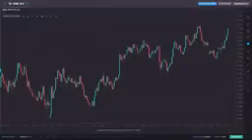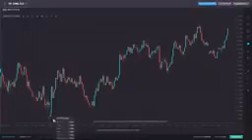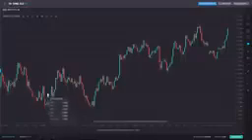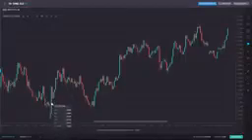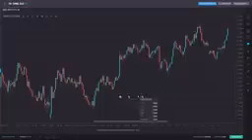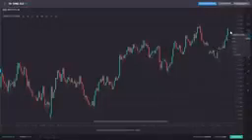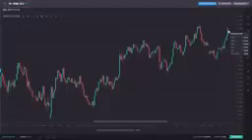So if we're looking here, in this example, pound US dollar, we can see at the beginning of 2017, so January 2017, £1 would buy you around about $1.22. At the beginning of September, the pound had risen in value and £1 would buy you $1 and almost 32 cents. So when we're looking at forex pairs, foreign exchange trading, we're looking at the value of one currency versus another.